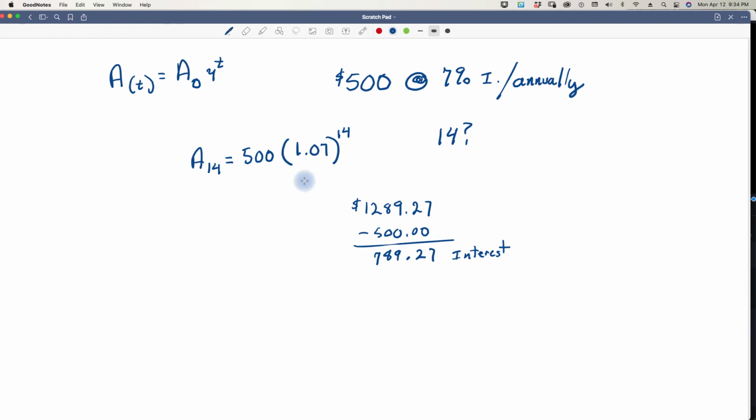All right, so you see how you can use this formula. This is the original amount, this is the rate, this is the time, okay? Original amount, rate, time. If you can remember that, let's write that down.